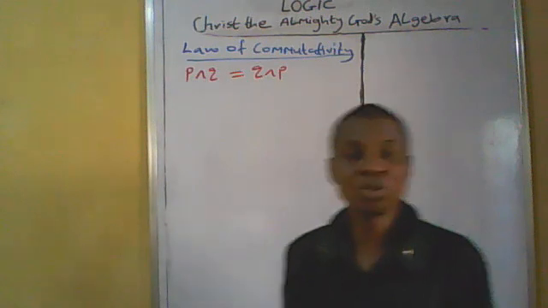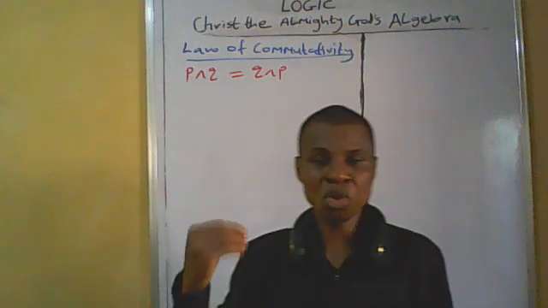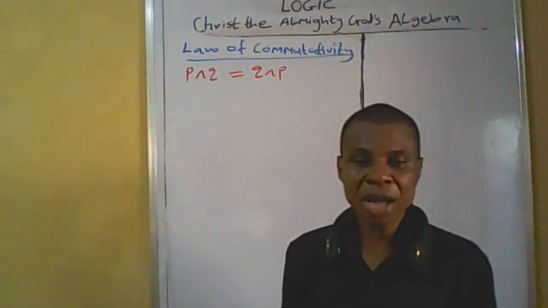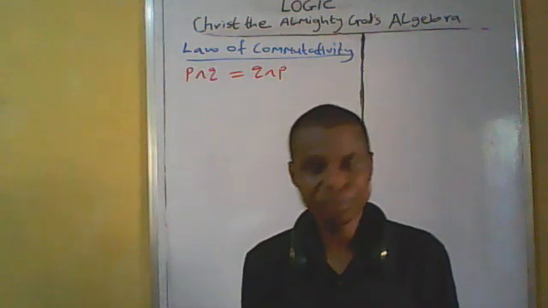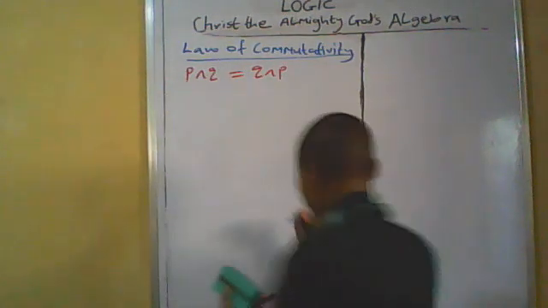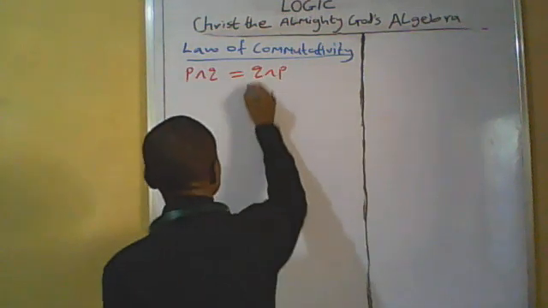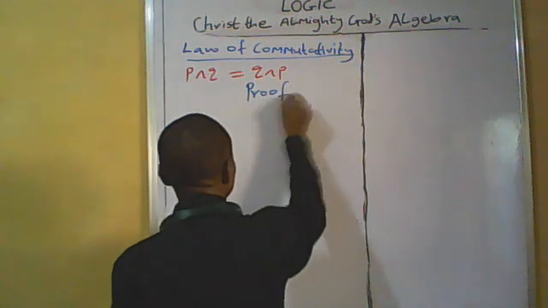We are going to prove that law of commutativity exists by conjunctive statement. Proof.